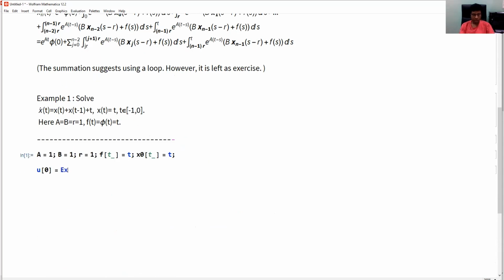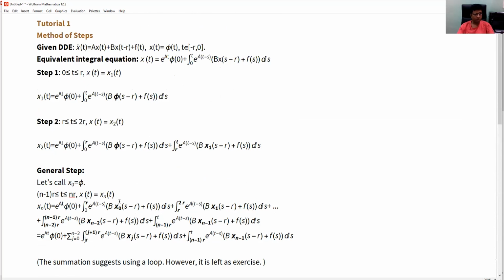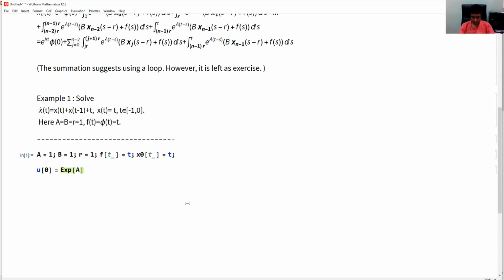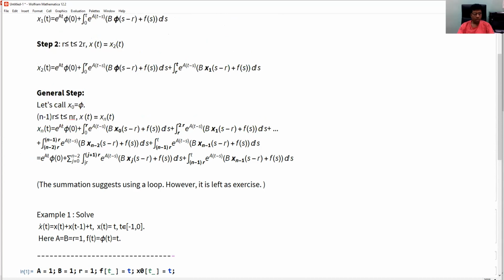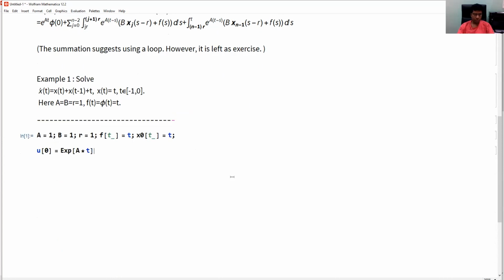Exp means exponential function, a t, star is multiplication, into phi of 0. Phi is x0, so x0 of 0. We run this. It is 0 because x0 of 0 is 0.